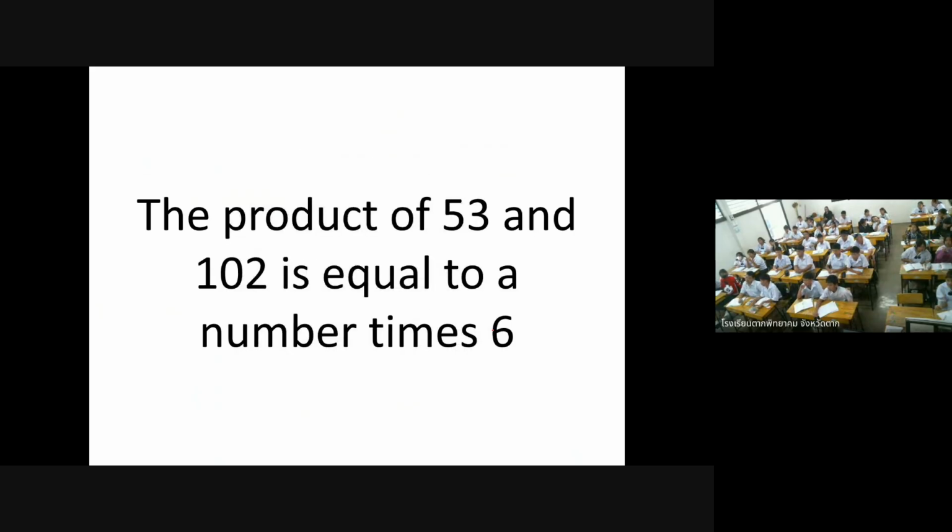One more. The product of 53 and 102 is equal to a number times 6.